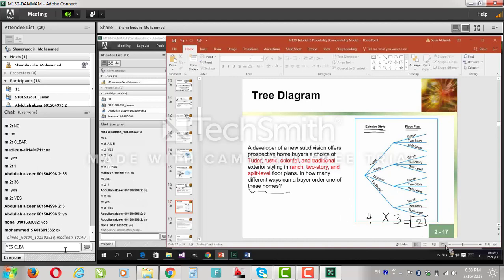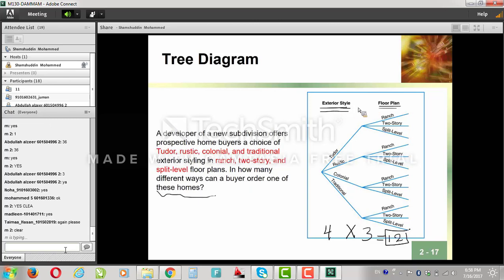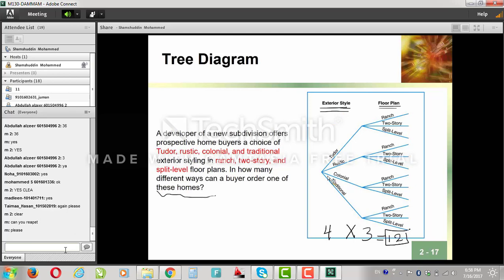Let me enlarge the slide for you. We have 2 steps to follow: the exterior style, with 4 options, followed by the type of floors, with 3 options. Multiply 4 by 3 using the multiplication rule.